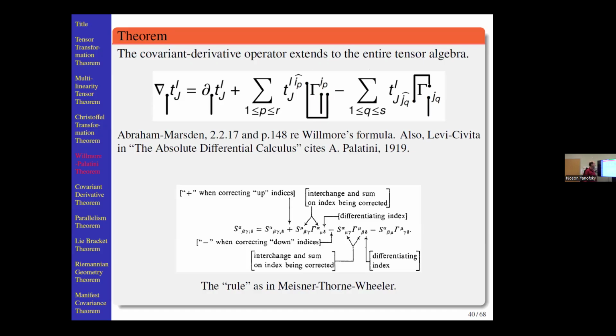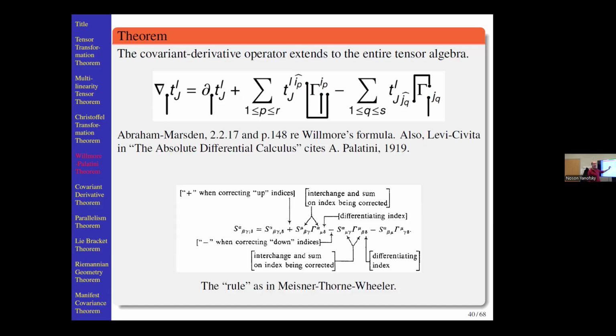What it means is this. You're going to take the partial derivative with index L of the tensor, fine, and then add to it and subtract from it terms that correspond to the connection. So let's take the terms corresponding to the upper indices. You take I1 through IR up here, you drop IP out, and you do this for each one of them.